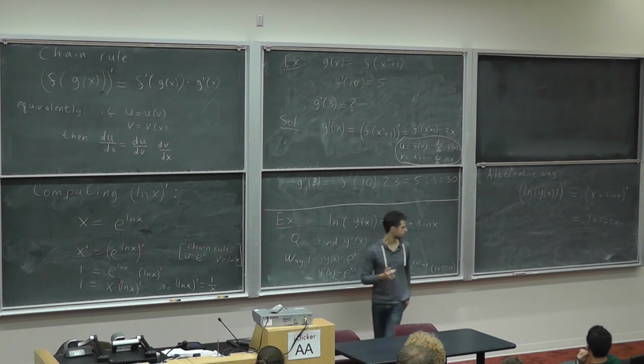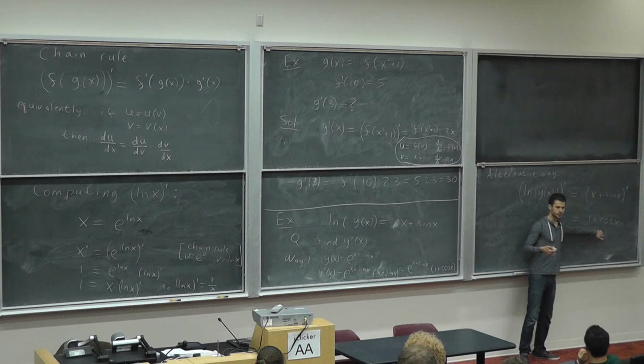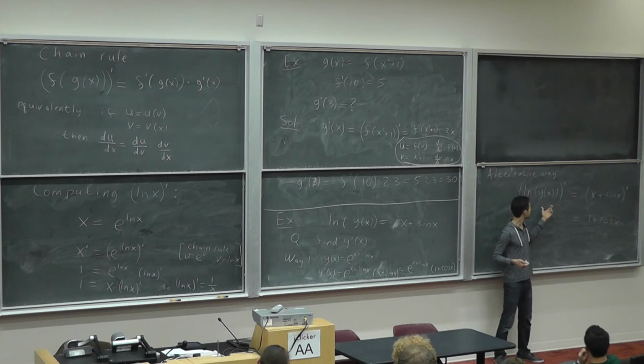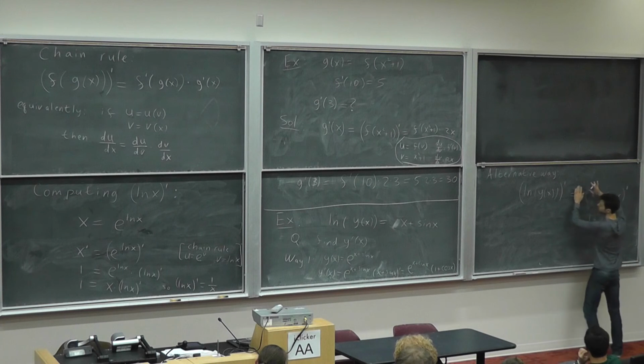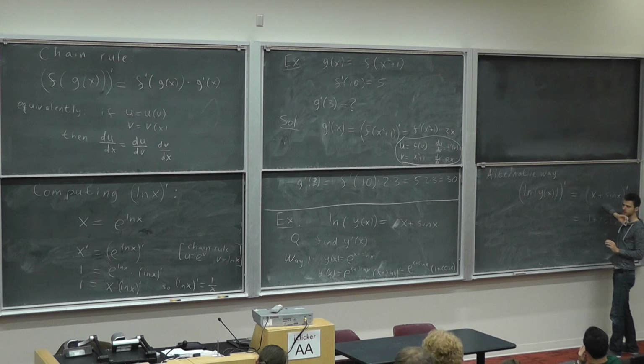Okay, yes. It is 1 plus cosine of x, but what I want to do is just simplify this expression. Simplify the expression ln of y of x prime.